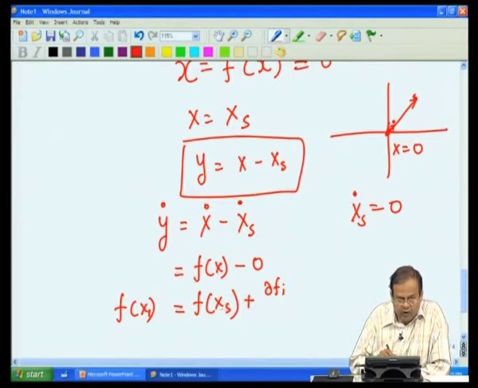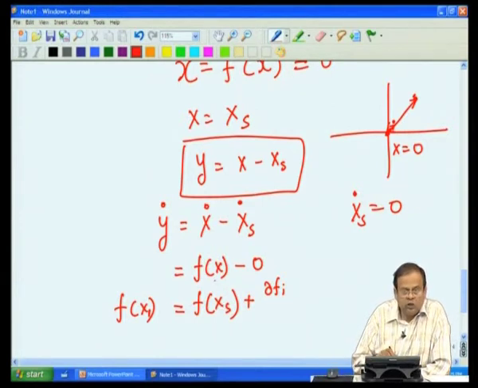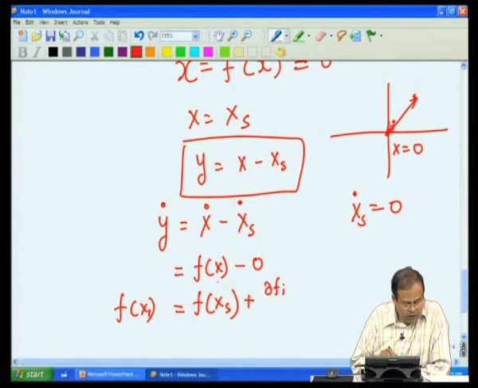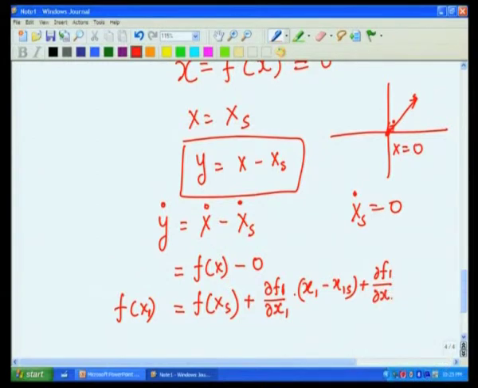So, f of x s plus, expanding using Taylor series, this will be del f 1 del x 1 into x 1 minus x 1 s plus del f 1 del x 2 into x 2 minus x 2 s and so on.